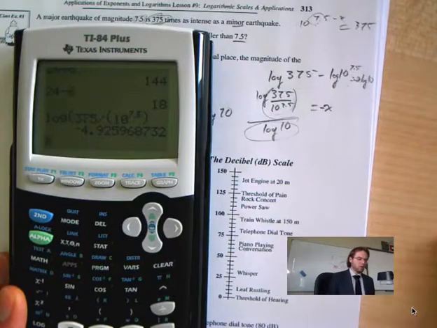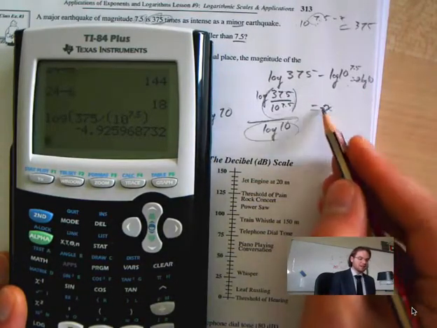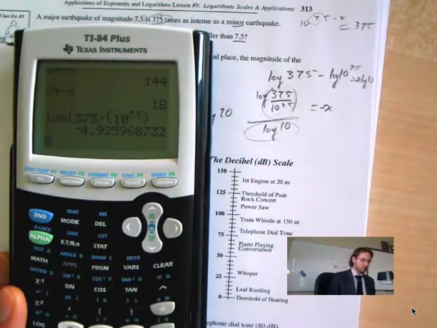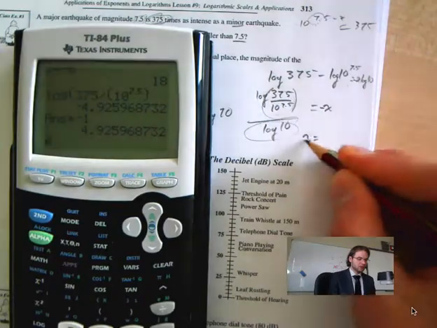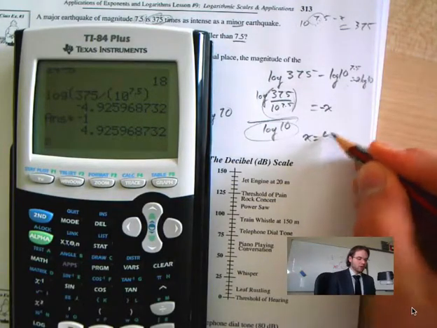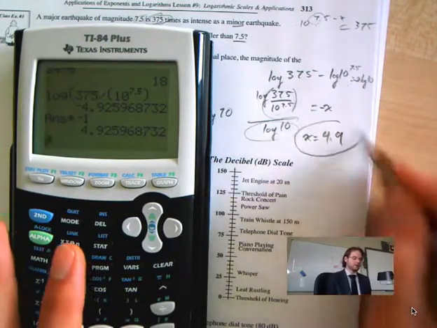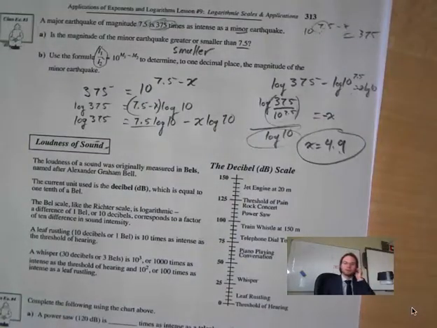I get negative 4, so then negative x is equal to negative 4, so I multiply that by negative 1, and I get 4.9. So x is equal to 4.9. So that's the magnitude of x. It is 4.9. Okay? Hopefully that helps.